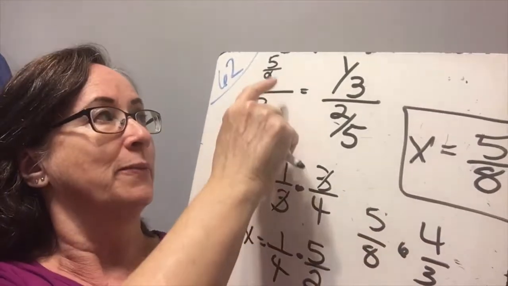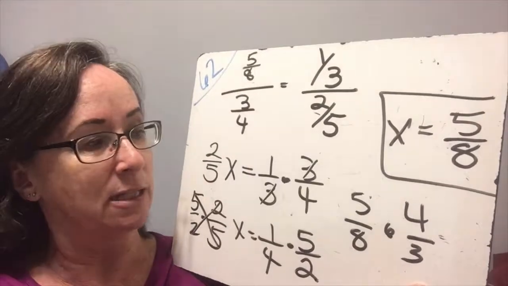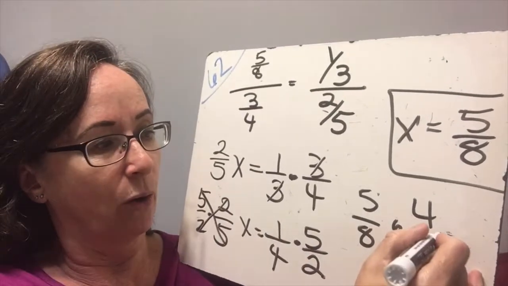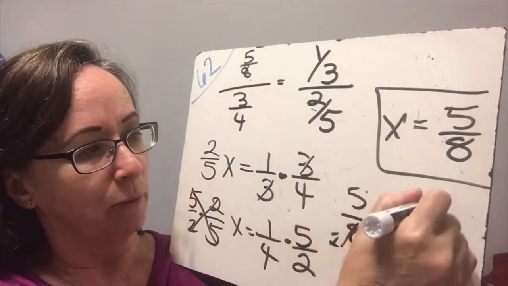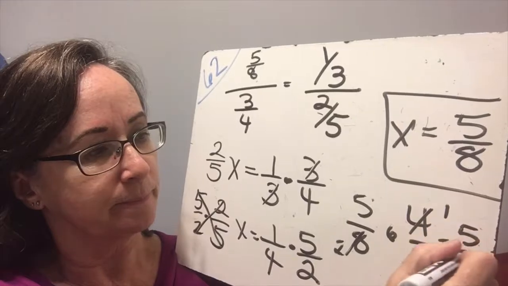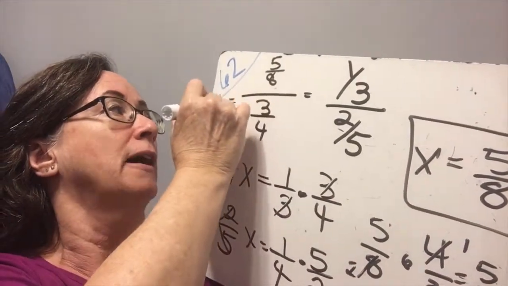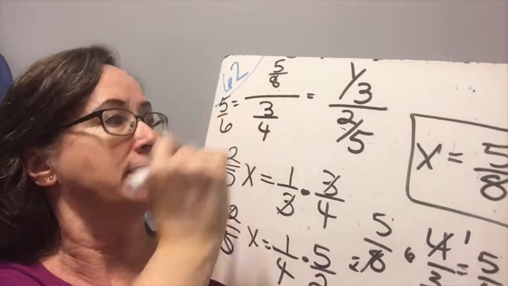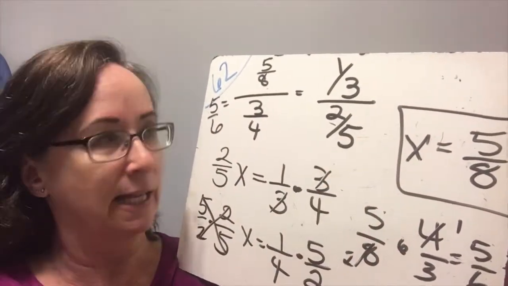Because you remember, division by a fraction is the same as multiplication by its reciprocal. So when I do that, I can cancel the 8 and the 4 with a 2 and a 1, and I get 5/6. So this left-hand side equals 5/6.